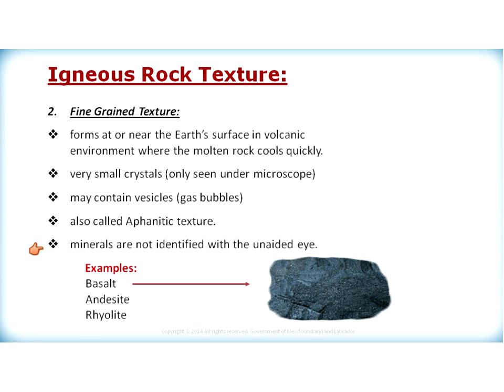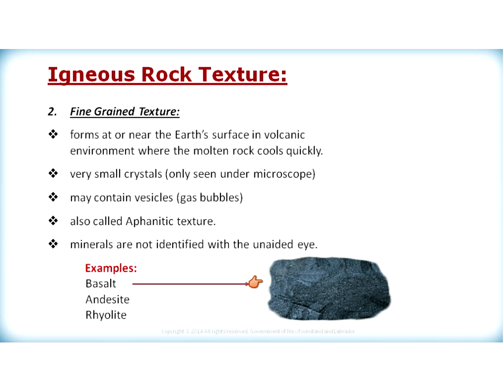Common minerals are not identified with the unaided eye, and the rock appears to be one uniform color, as you see here to the right. Some examples of fine-grained textures include basalt, andesite, and rhyolite. The diagram to the right would give you an example of a basalt, where we generally see dark-colored minerals, and they're fairly fine-grained.